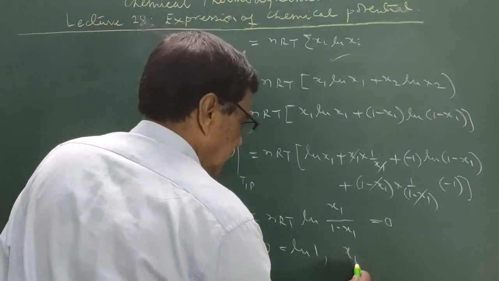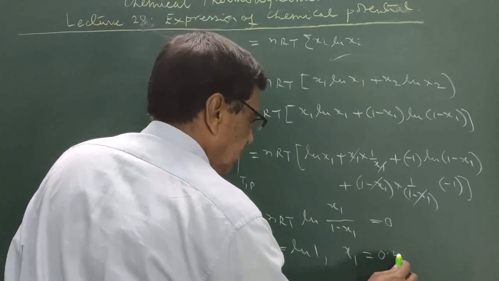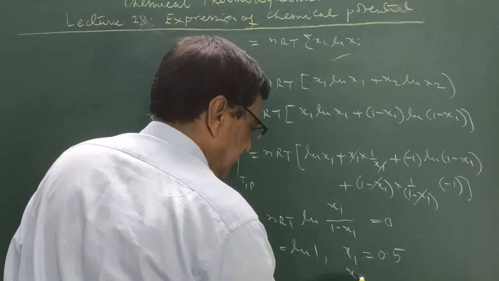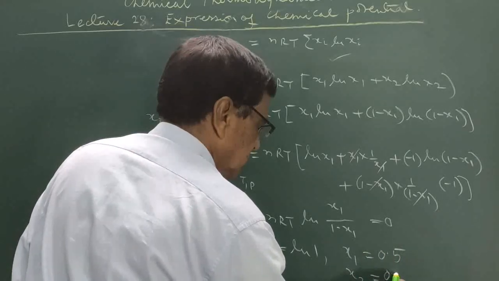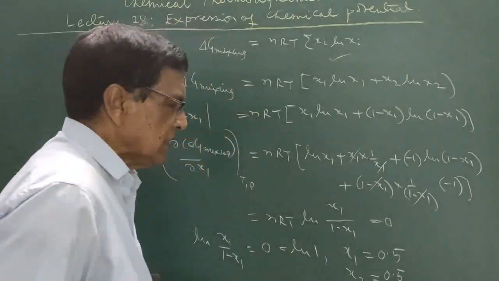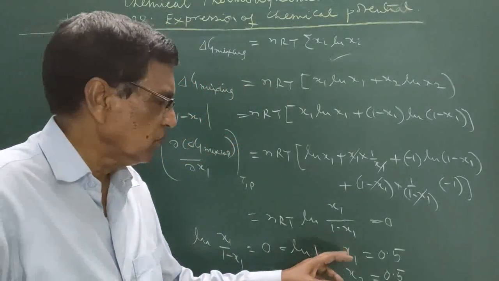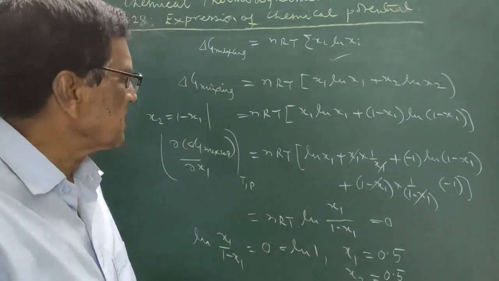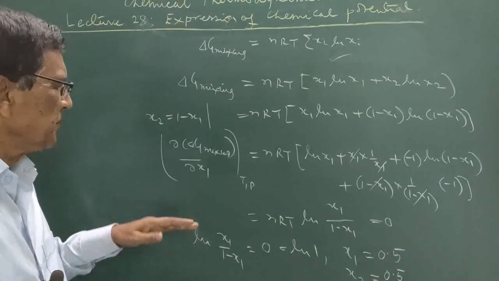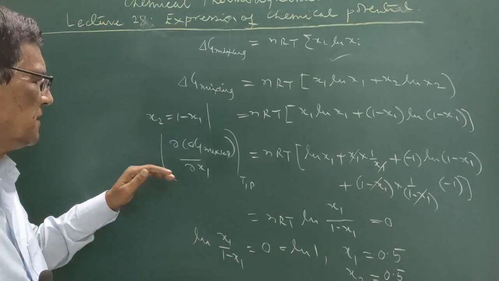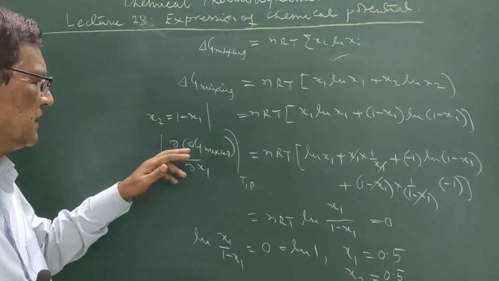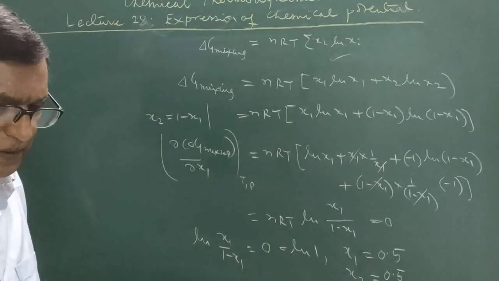So x1 equals 0.5, or half. Then x2 is also equal to 0.5. So it means that whenever equal mole numbers of these two gases are mixed up, delta G mixing attains its minimum value.